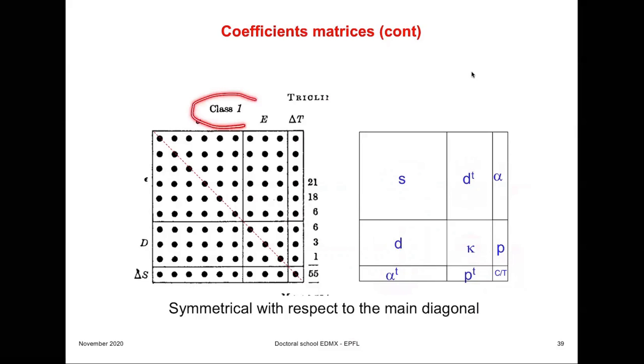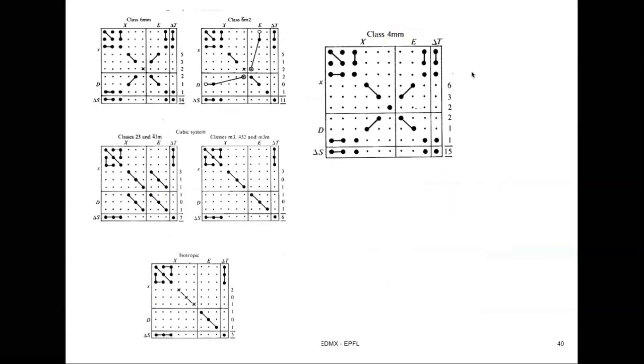This is the most general one for a triclinic symmetry, and as you go to other symmetries, we lose some elements. They become zero because of the symmetry of the crystal, but that is something that we will discuss later. I just want to show you this if you find it somewhere in the literature to understand what it is. So this is the S matrix, this is the piezoelectric coefficient matrix transposed.